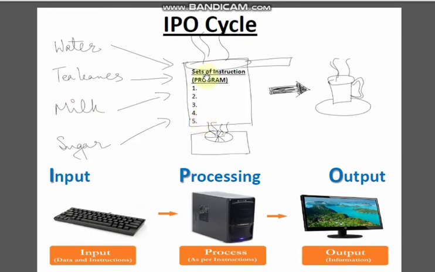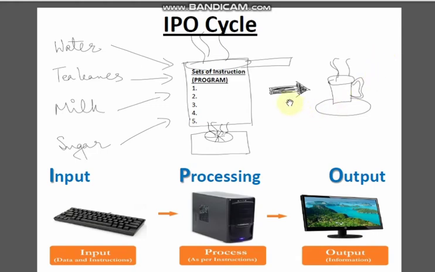Even if your mother asks you to prepare tea, you need some set of instructions on how to prepare it. So first take water, boil it, add tea leaves, boil, add milk, add sugar, serve hot. So whatever hot tea is served to you, that is meaningful, that is the output or the information, right?